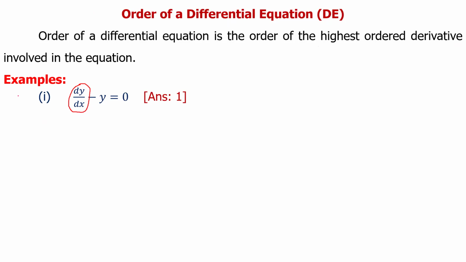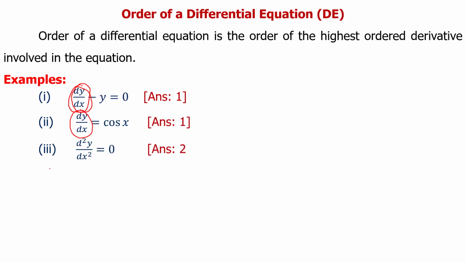So this is a first order differential equation because it contains only the first order derivative. The second example is also a first order differential equation because it contains only the first order derivative.